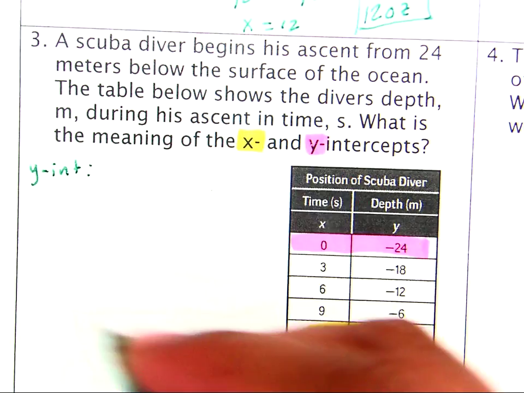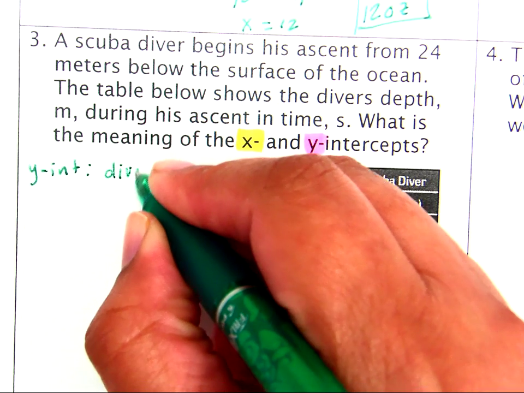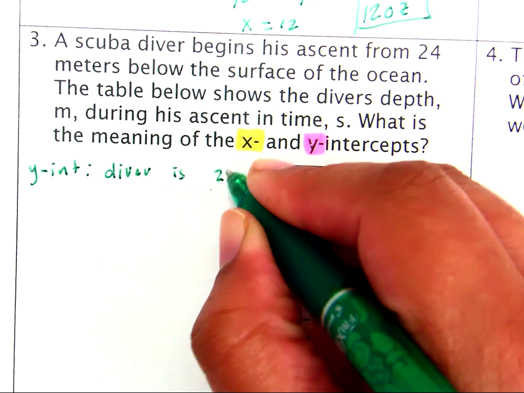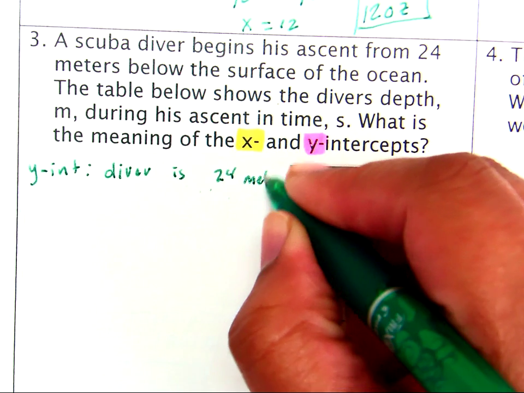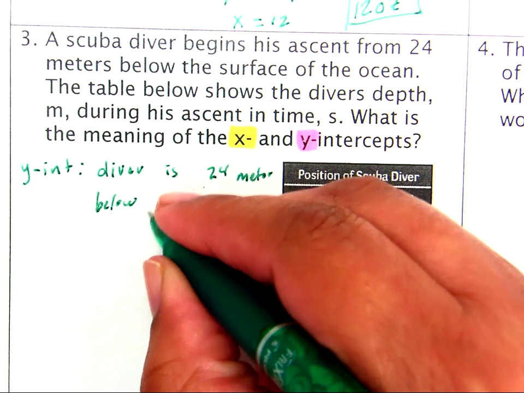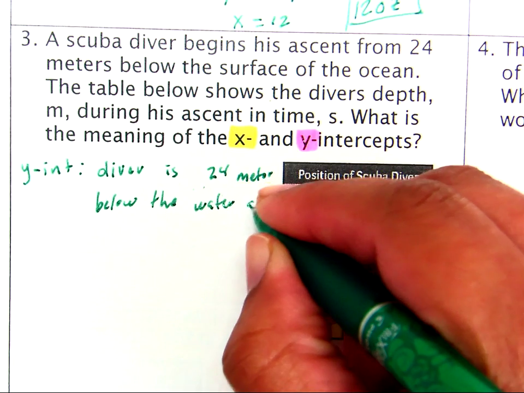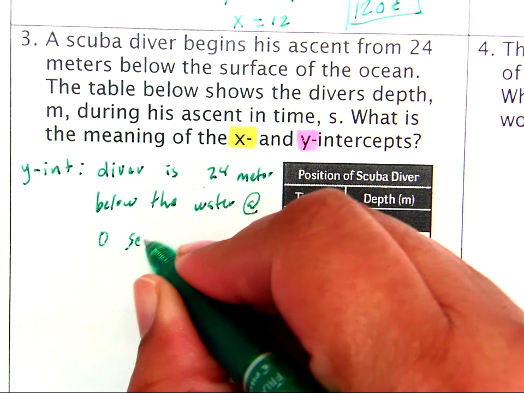And what it would say is that the diver is 24 meters below the water at 0 seconds.